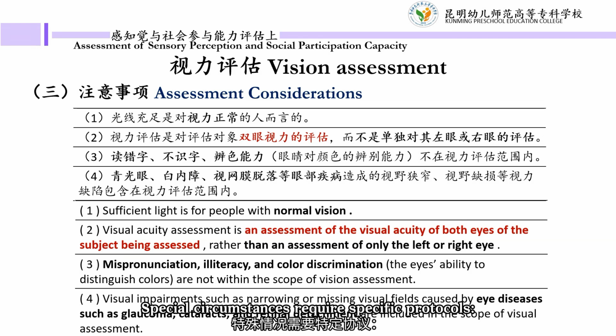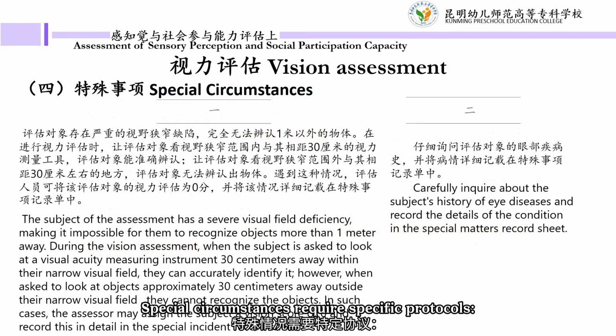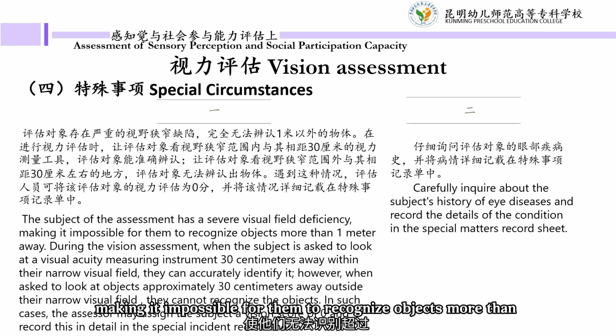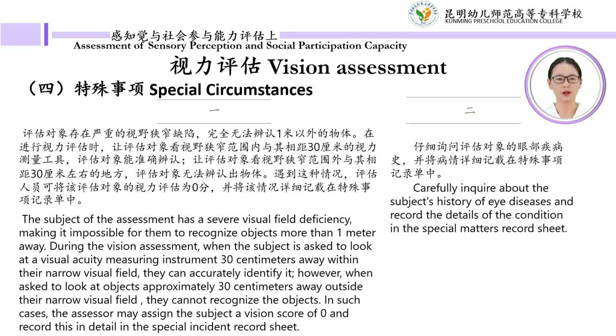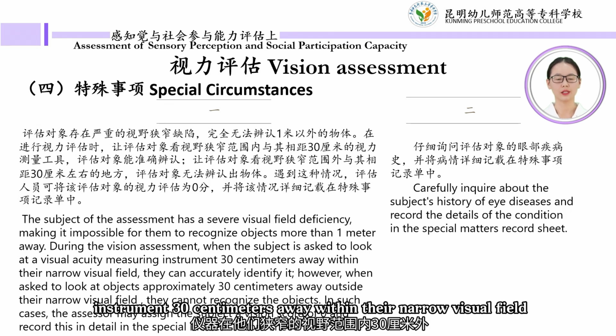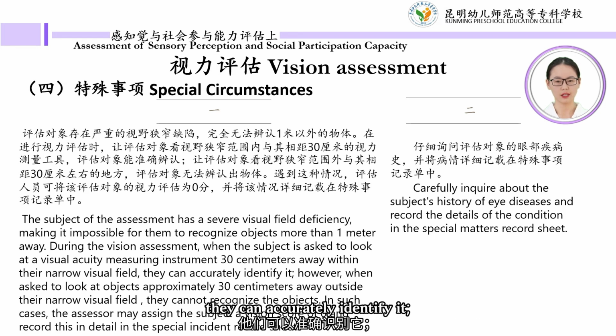Special circumstances require specific protocols. The subject of the assessment has a severe visual field deficiency, making it impossible for them to recognize objects more than 1 meter away. During the vision assessment, when the subject is asked to look at a visual acuity measuring instrument 30 centimeters away within their narrow visual field, they can accurately identify it.